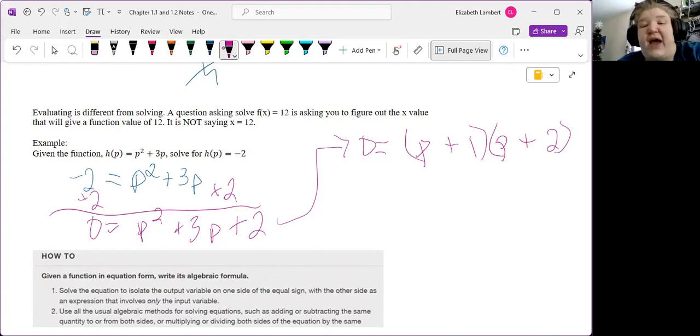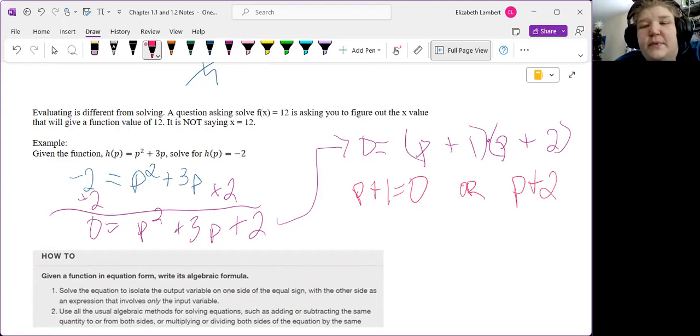So I have my two factors. I know here this is saying they multiply to equal 0. The only way for a product to equal 0 is if at least one of the things is 0. So either p plus 1 is 0, or p plus 2 is 0.